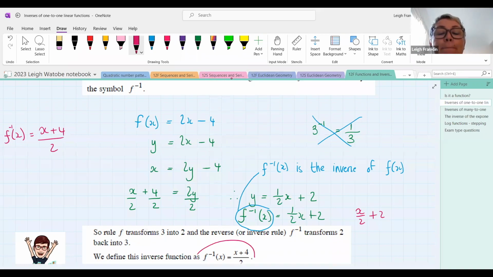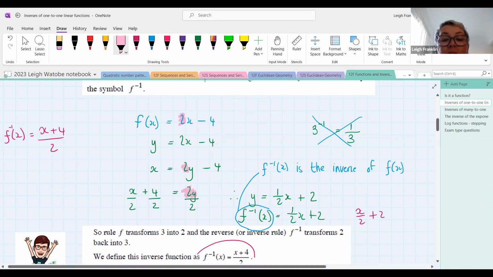Okay, Unam? Sorry, ma'am, what happened to the 4? You said the rule, y equals 2, no? So why is y equal to a half x plus 2? I don't understand that concept. Okay, so what you've done here, Unam, is divide through by 2, because you can't have 2y being the subject of the formula. 2 was the coefficient of x in the original function, and 2 is now the coefficient of y once we interchange x and y.